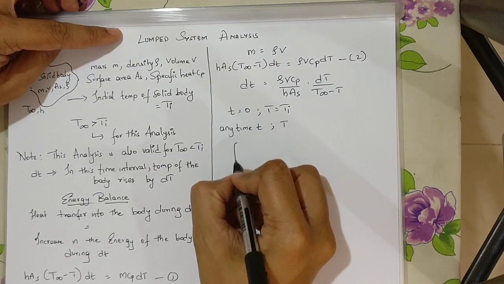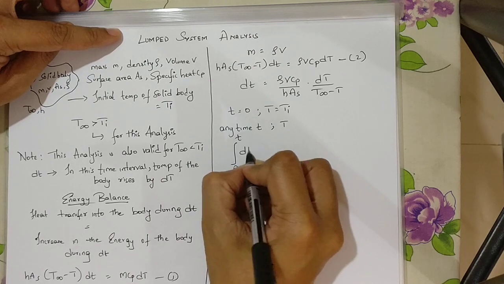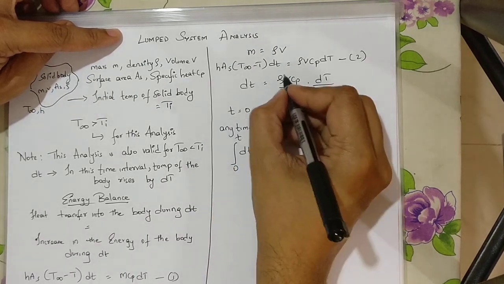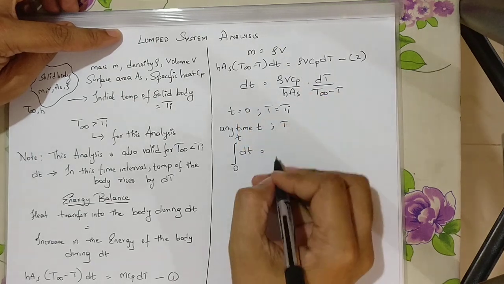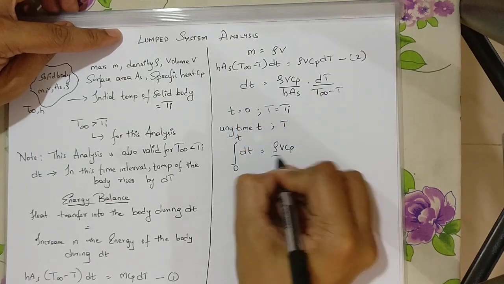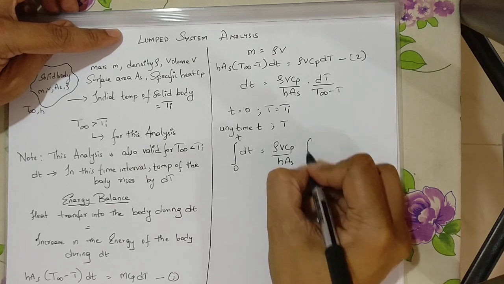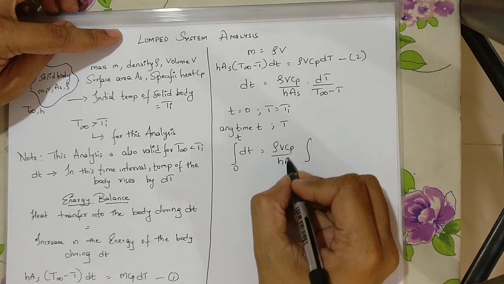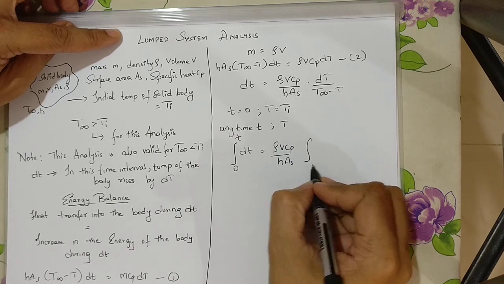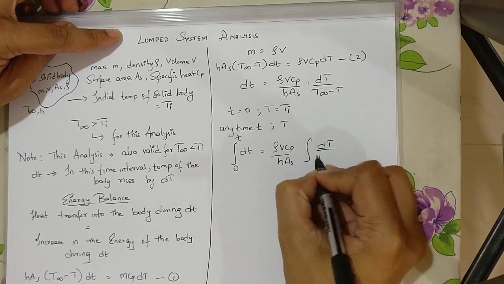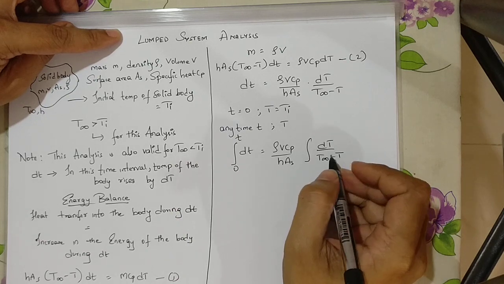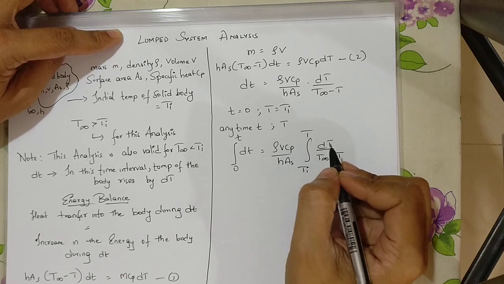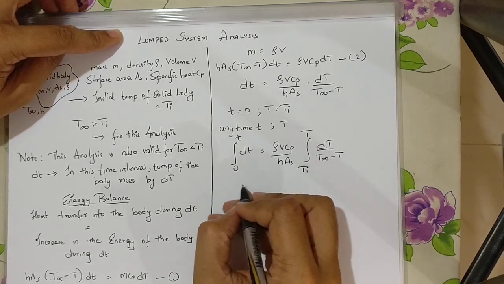Now let us integrate from 0 to t. Since rho V Cp and hA_s are constant, they should not come under the integration. So integral of dt from 0 to t is equal to rho V Cp by hA_s times the integral of dT by (T infinity minus T) from Ti to T. Making sense, guys?